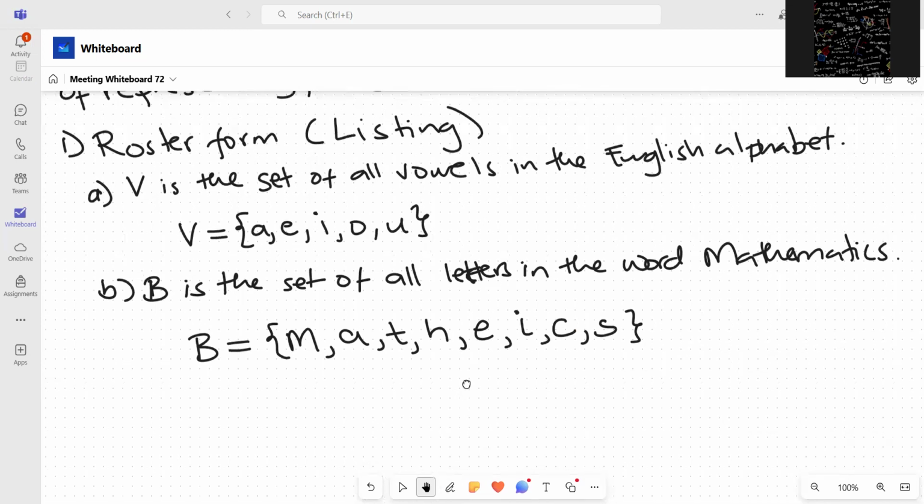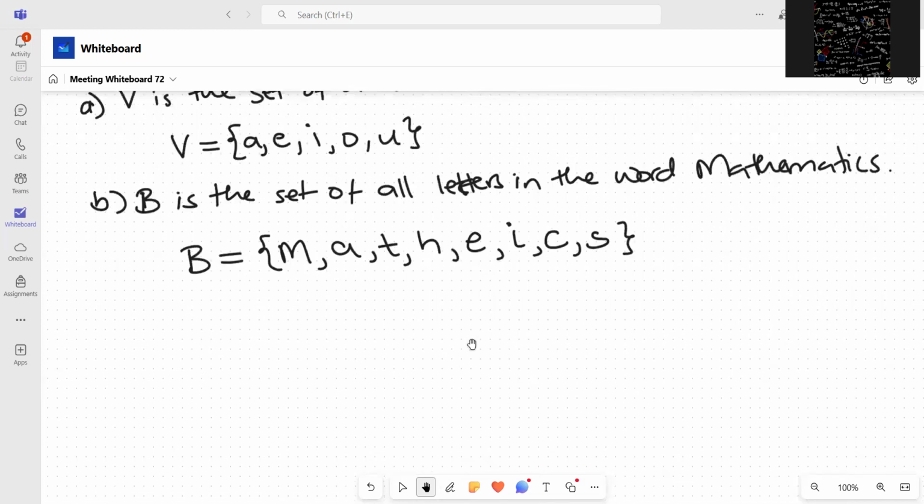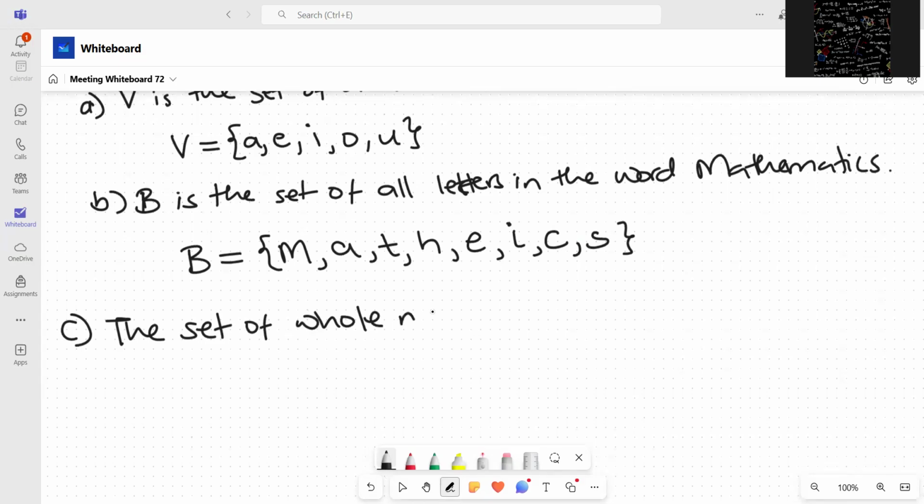Then another one. See, we have the set of whole numbers less than 5.